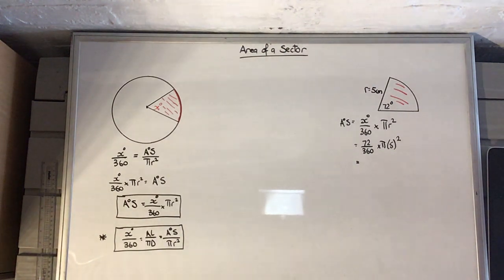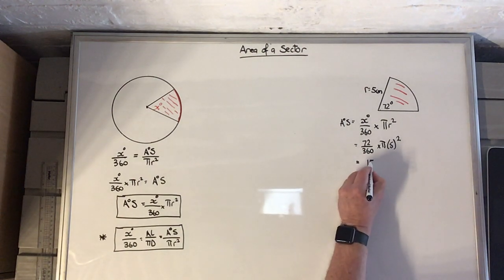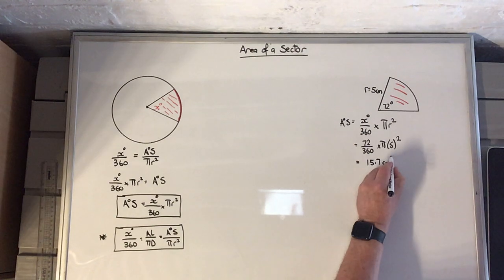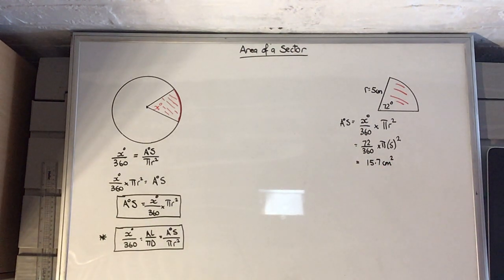So we've got 72 over 360 times pi times 5 squared. That comes to 5 pi, which is approximately 15.7, and it will be centimetres squared because it's area. So that's a nice easy question.